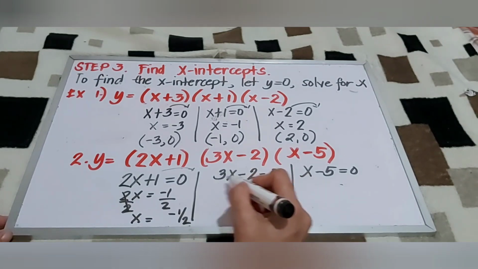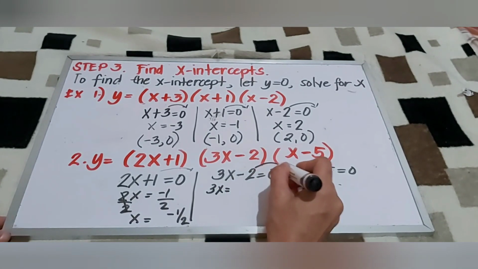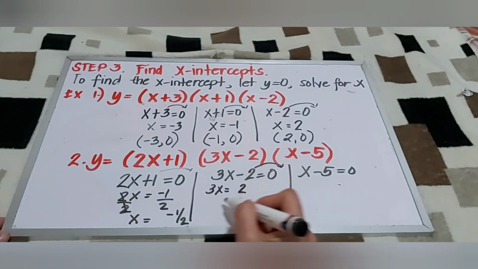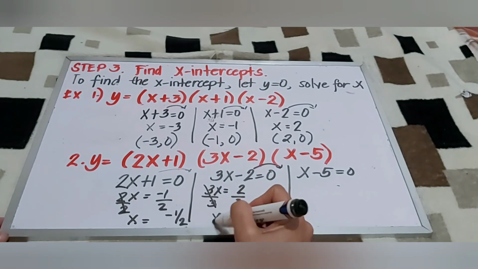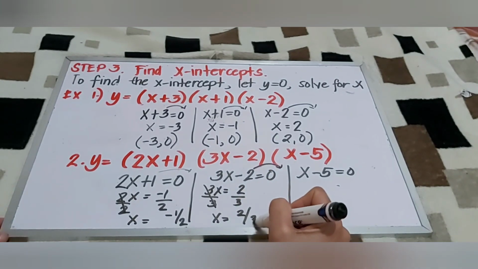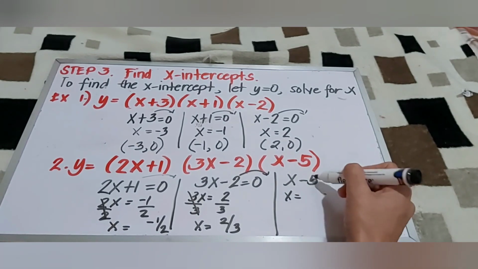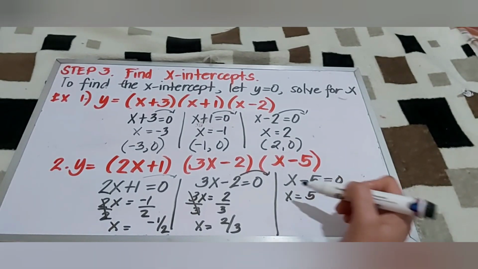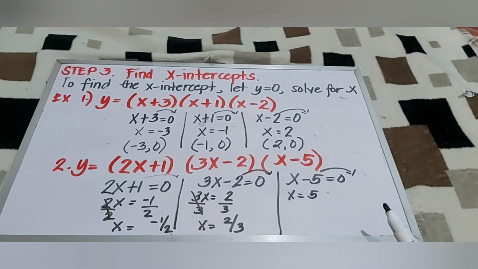In this case, we have 3x is equals to, ilipat si negative 2 sa kabila, so magiging positive 2. And then divide both sides by 3. And then x is equals to 2/3. And the other factor we have, x is equals to positive 5. Okay, so kasi nilipat na lang siya. Now, what are the x-intercepts?